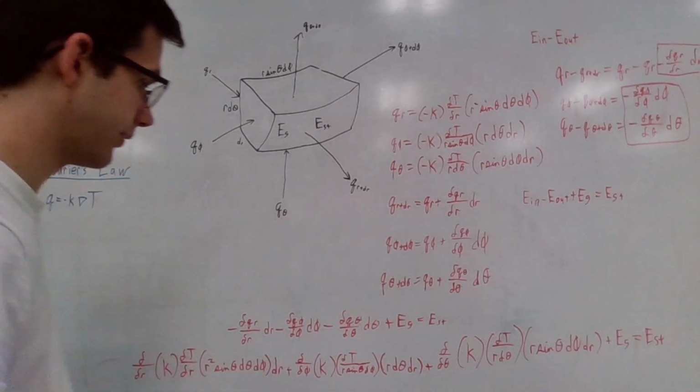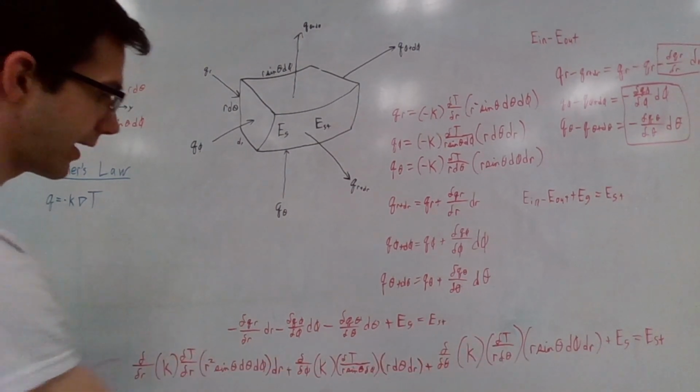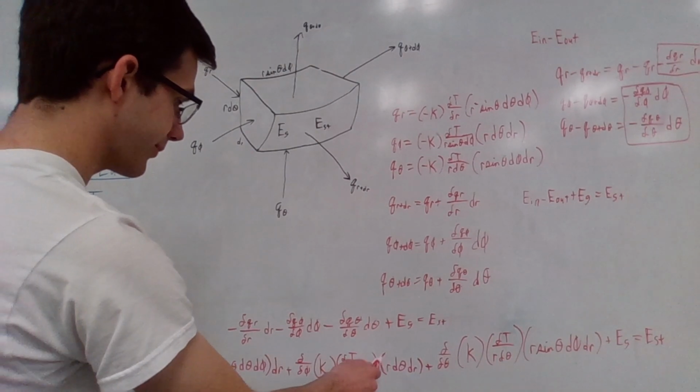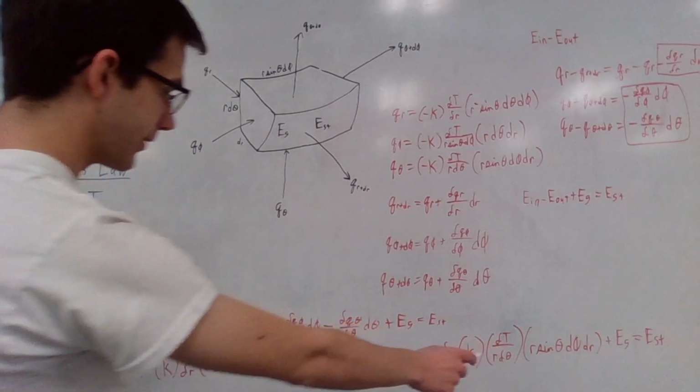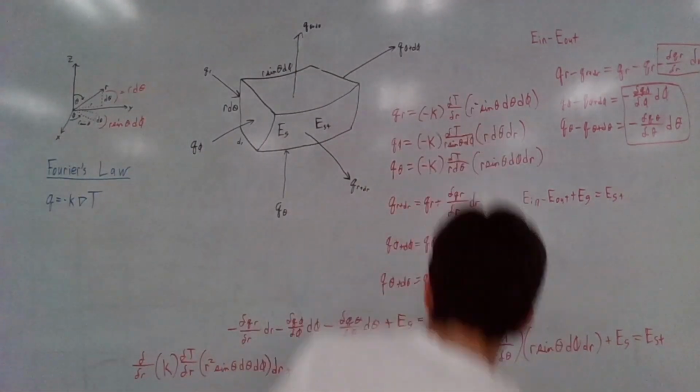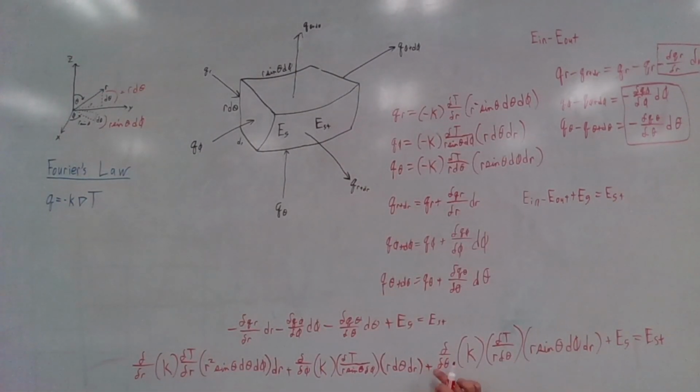Also, a quick note is we wrote all our terms here for Q, but I remember the dr here, but I forgot the d phi for this term and the d theta for that term. So we're going to write that in now. So this should be dr, and then of course all that is going to be times our d phi, which we forgot.